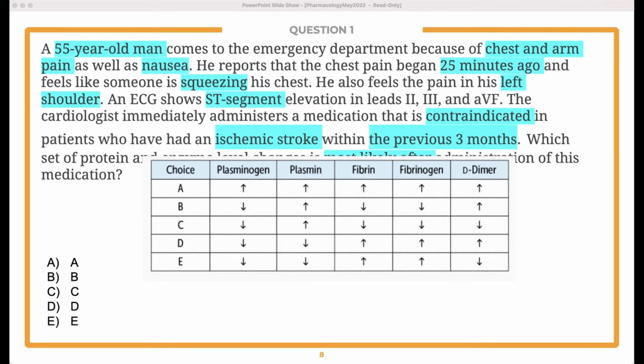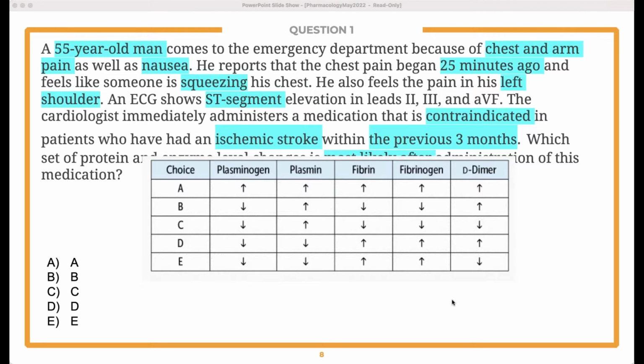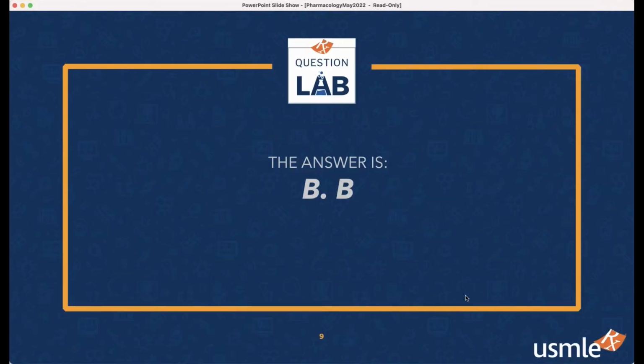It looked like most of you went with answer choice B, but there was a split in the race for second place between C, D, and A. So interesting results. I'm going to hide these results, and we're going to reveal the answer. And the answer is answer choice B. So nice work, everybody. That consensus favorite.